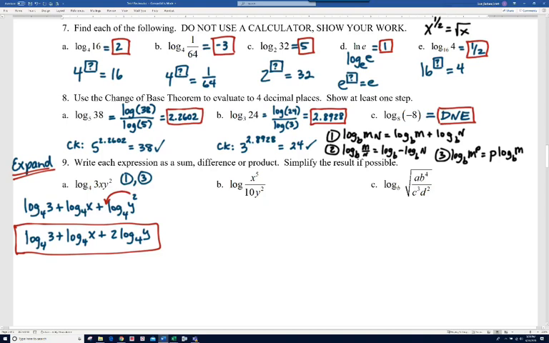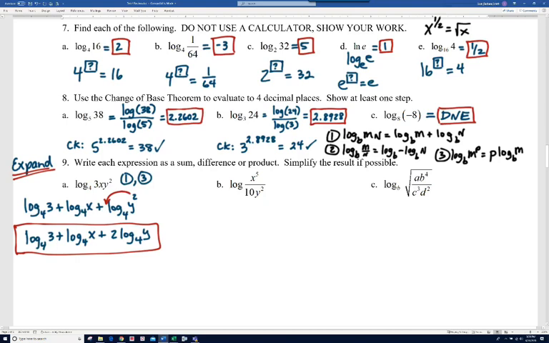So again, if you look at B, you actually can see that we're going to use all 3 of our properties here. We certainly have a power here, or an exponent, so we'll use the power rule. The problem is I can't just ignore this denominator and move the 5 out front. And what about the y squared? So we don't have a single base to a power.